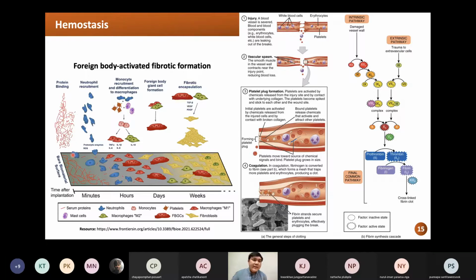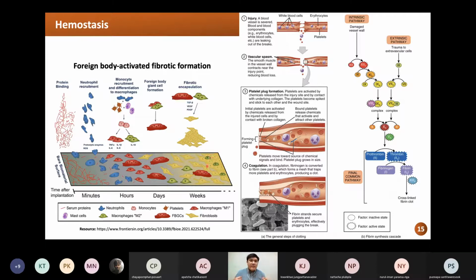After it comes into our body, the body has some response to this foreign body, like an unfamiliar tissue. So many proteins will bind to the material, like binding to the catheter, and eventually it will recruit neutrophils and monocytes that differentiate into macrophages, and form foreign body giant cell formations, including a lot of cytokines and protein compounds to form the fibrotic encapsulation.